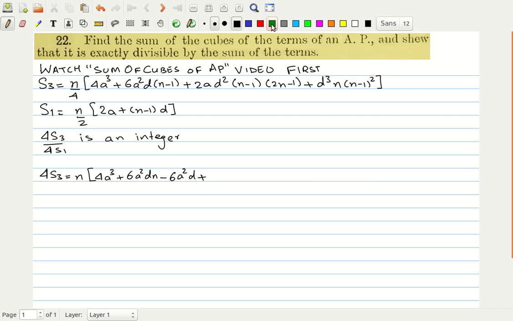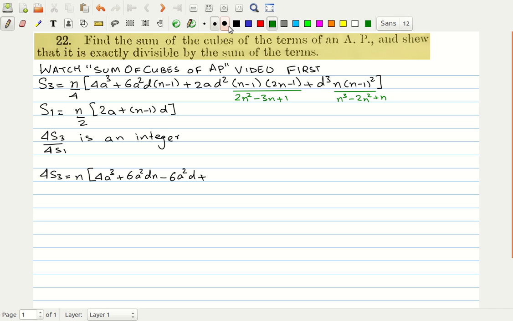Plus, now we know that n minus 1 times 2n minus 1 can be written as 2n square minus 3n plus 1, right? And similarly we also know that n times n minus 1 square can be written as n cube minus 2n square plus n, right?